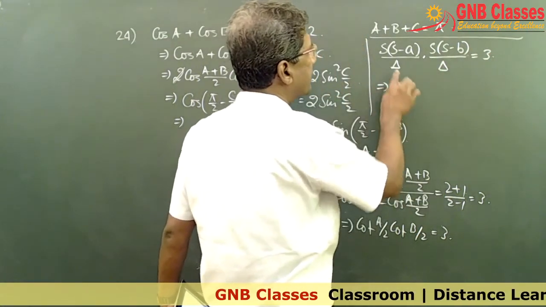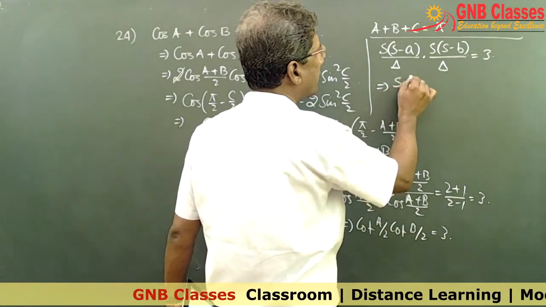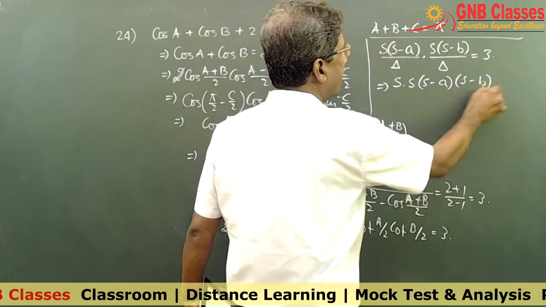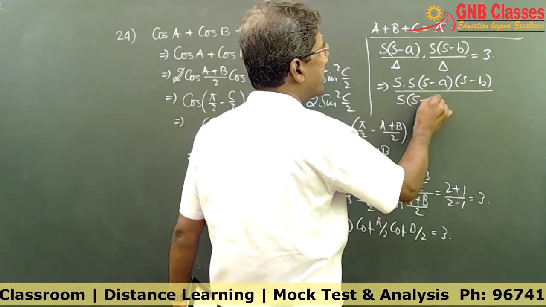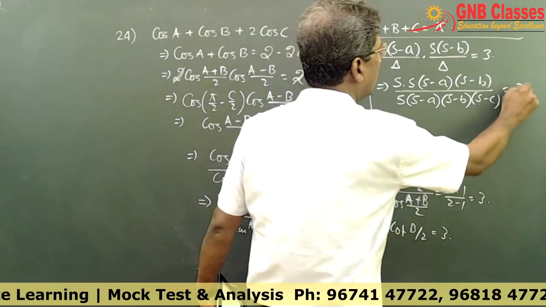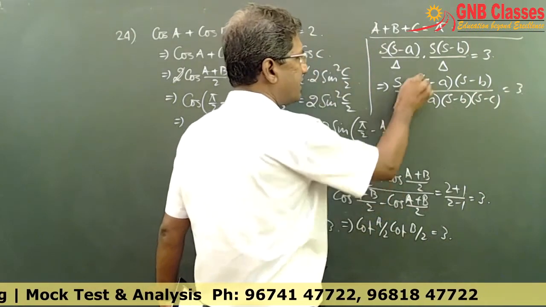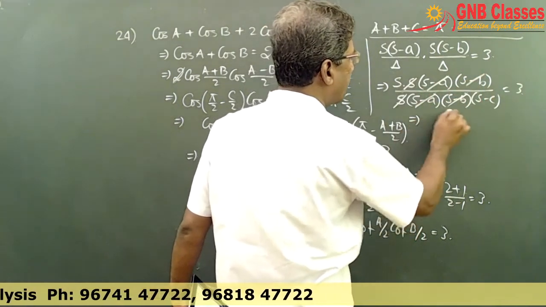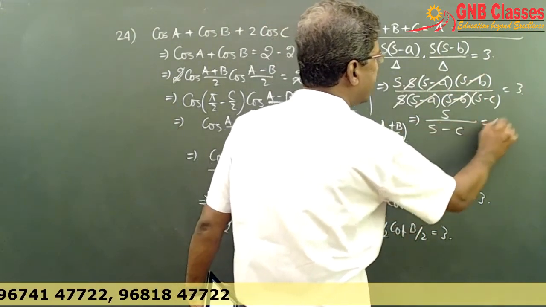So what we are getting? Del square. Del square can be written as S into (S minus A) into (S minus B) into (S minus C), which is equal to 3. S goes off, S minus A, S minus A, S minus B, S minus B cancel. So we are left with S by (S minus C) is 3.